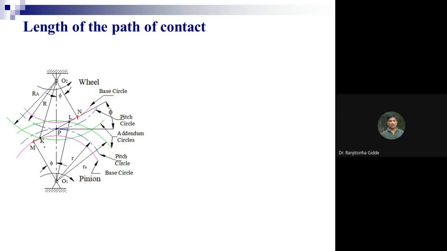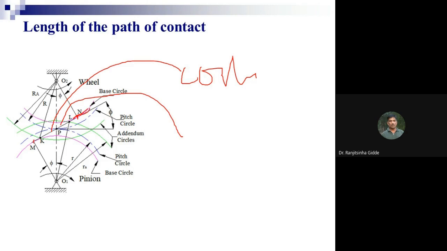So this is also called a common normal, and this is also called a common tangent to the base circles. This is the base circle for the pinion, and this is the base circle for the wheel.